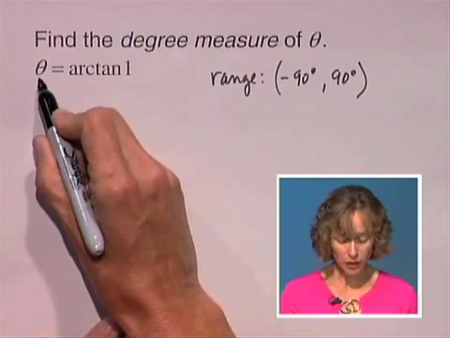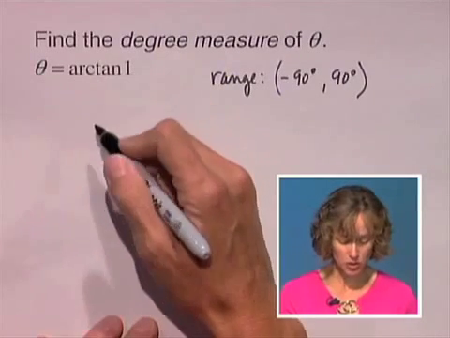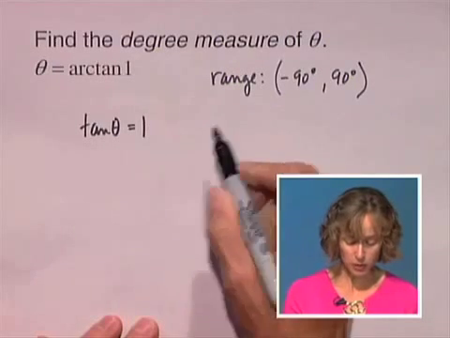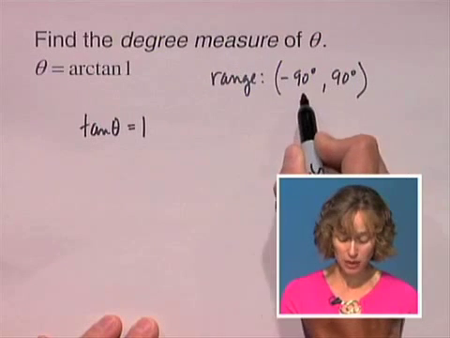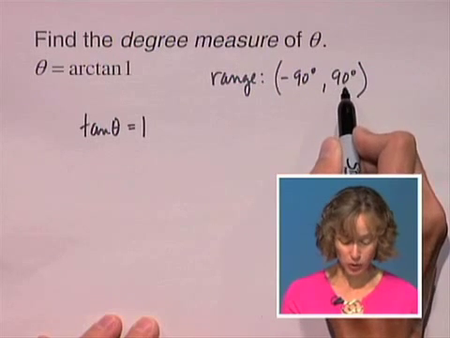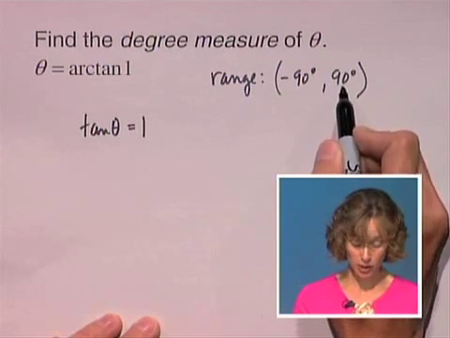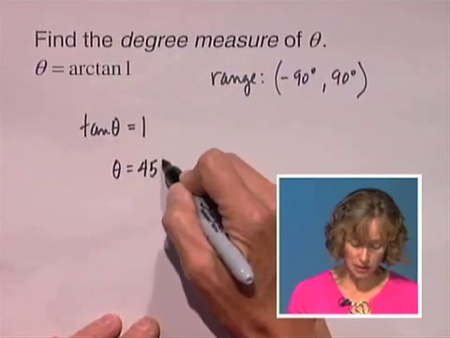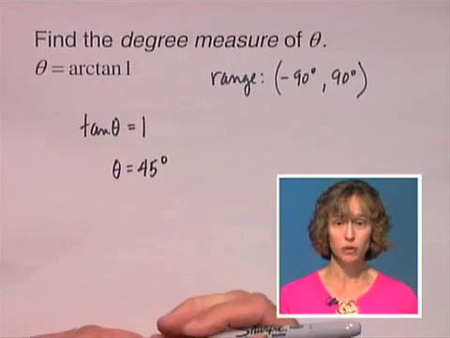So we're looking for the angle whose tangent is 1. In other words, the tangent of some angle comes out to 1, and the angle needs to be between -90 and 90. This is quadrant 4 and quadrant 1, so our answer has to be in quadrant 1. And the angle in quadrant 1 whose tangent is 1 is the angle 45 degrees.